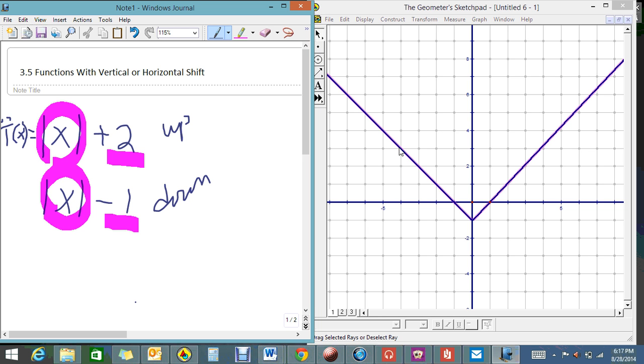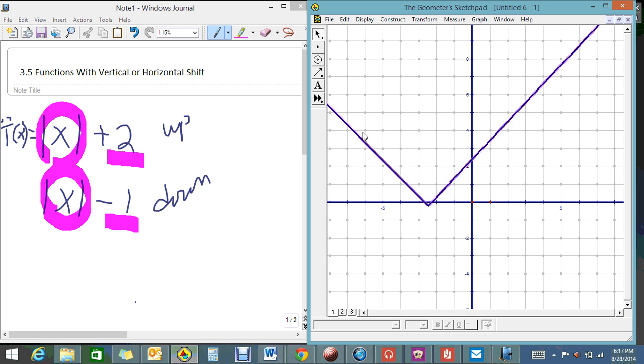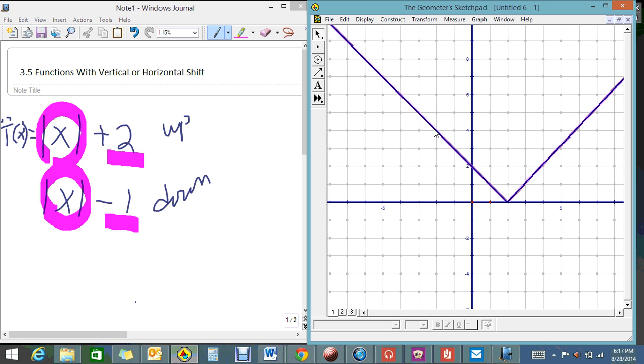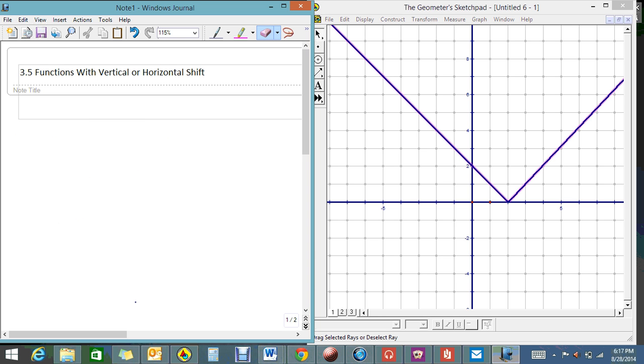Okay, so what happens if we want to go back and forth? Well, let's come back to 0. If I want to move over to the right 2, and have everything just moved over to the right, I'm going to do that by putting it in here with the x.